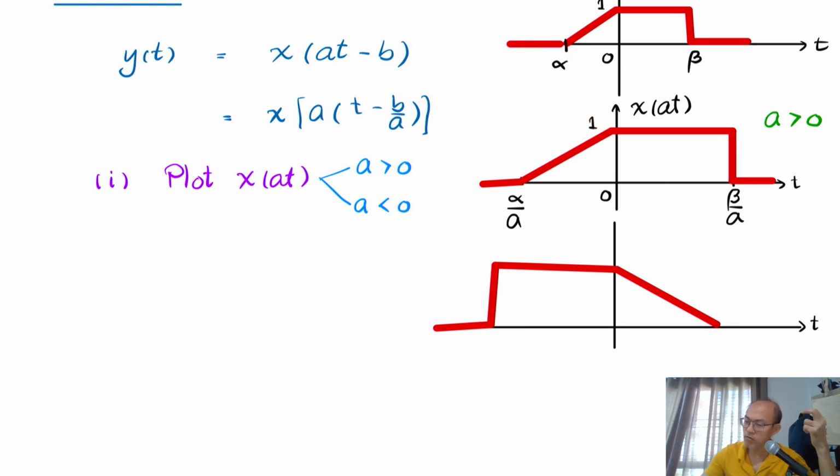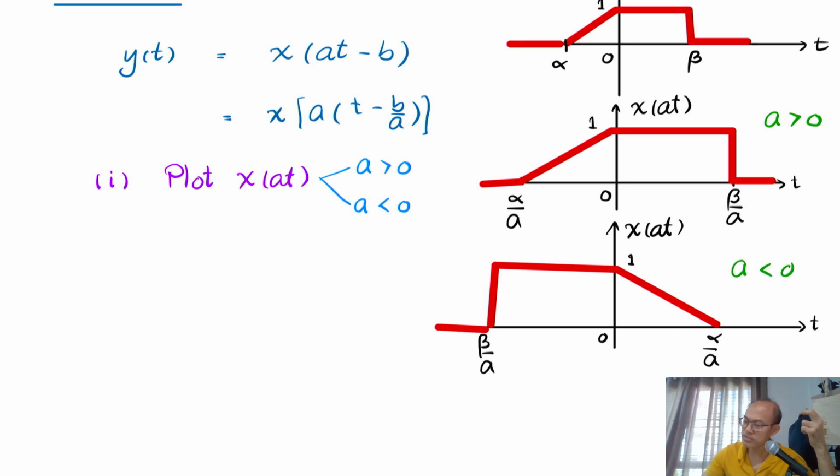And so it would be here, and beta over a would be here. And 0 is still 0. And this is when a is less than 0.